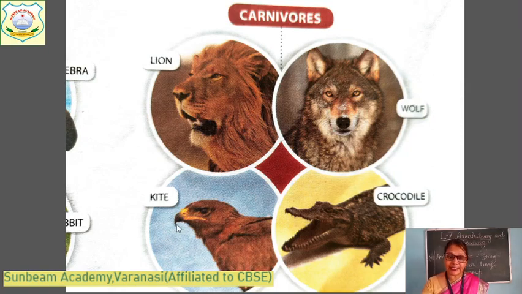You can see the kite has a strong beak to tear the flesh of other animals, and it has a special type of feet to catch the prey. And the crocodile has a broad mouth, jaws, and special strong teeth. It can swallow the whole animal. These are the adaptations. That's why they can survive. If they don't have such features, they won't be able to survive.